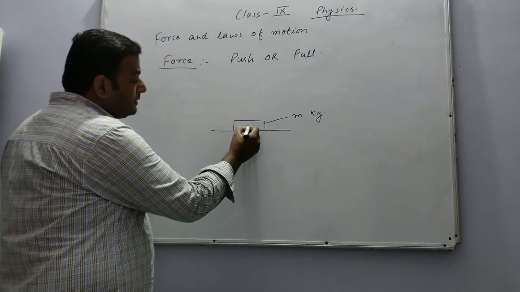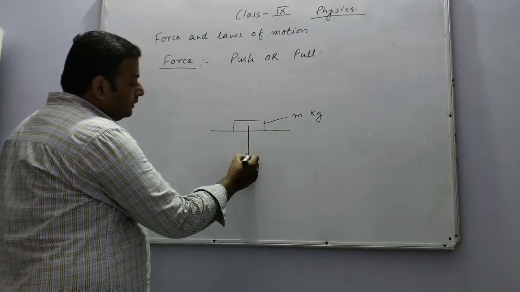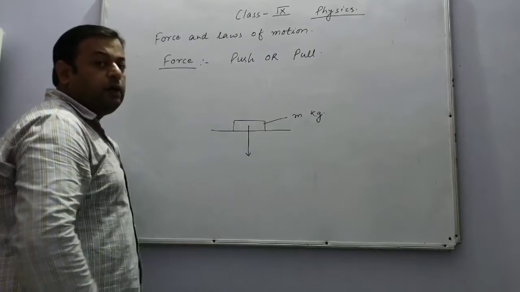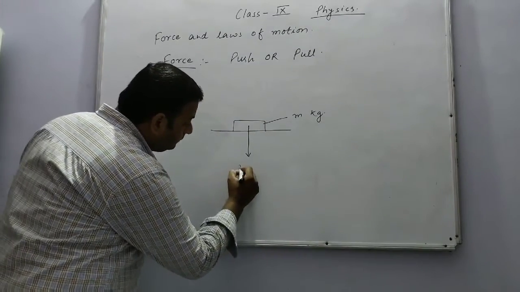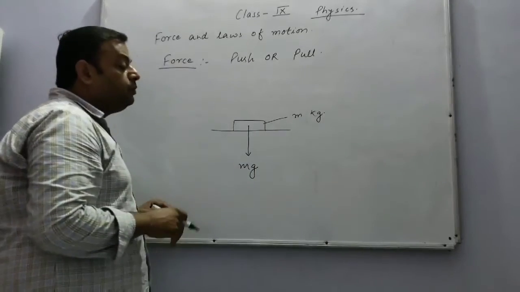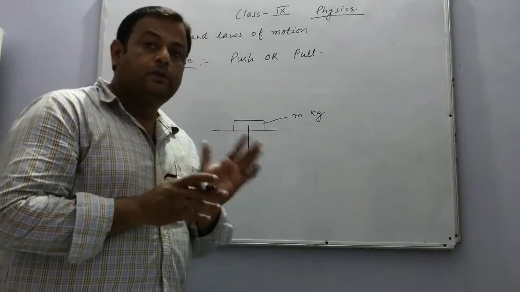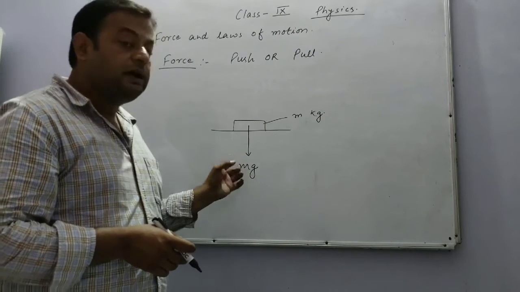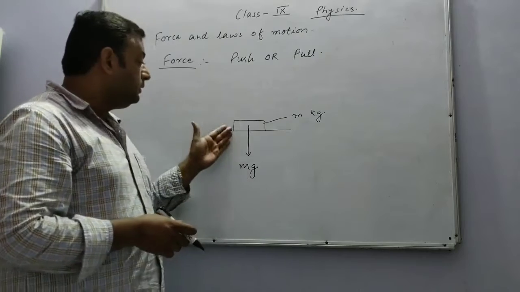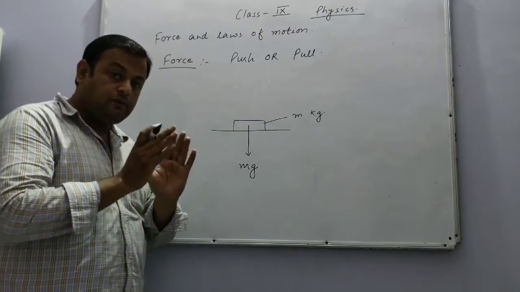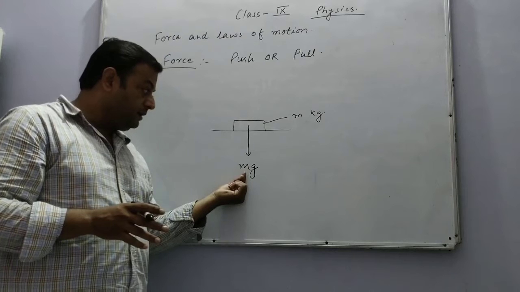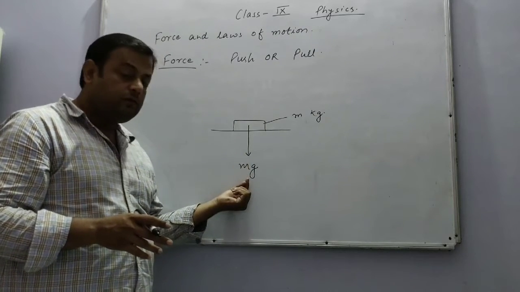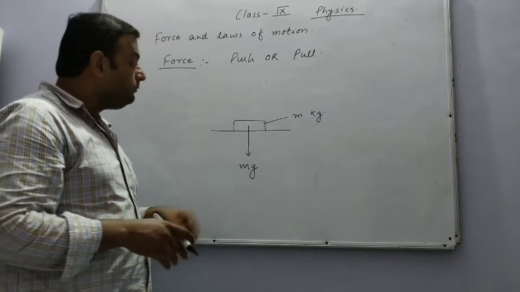The first force is the weight of the object, which acts perpendicularly downward and is equal to mg. You all know the formula, force is equal to mass into acceleration. In this case, the mass of the object is m and g is the acceleration due to gravity. So the weight of the object, the force generated towards the ground, is equal to mg.